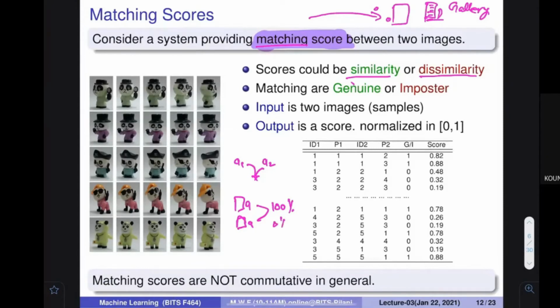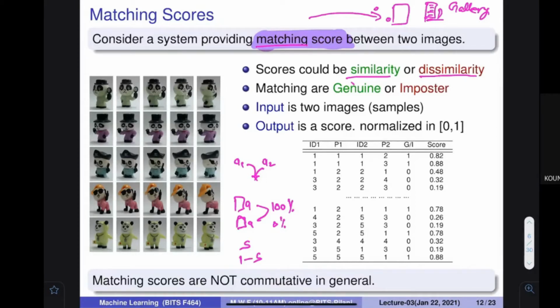0%. Okay, so similarity and dissimilarity are actually just reverse concepts. If you subtract the similarity from the maximum value, then you get the dissimilarity. And most of the time we think that the score is normalized between 0 and 1. So if the similarity score is s, then dissimilarity is 1 minus s.